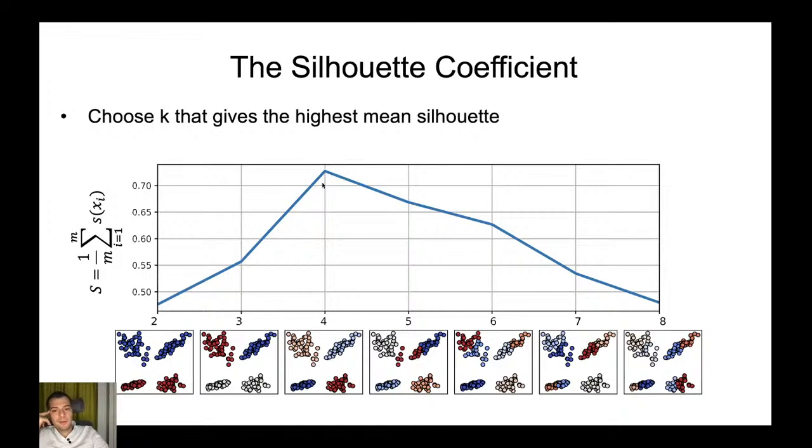So we have the maximum here at 4, and this should be chosen as the optimal number of clusters. Of course, this is an example in ideal conditions.